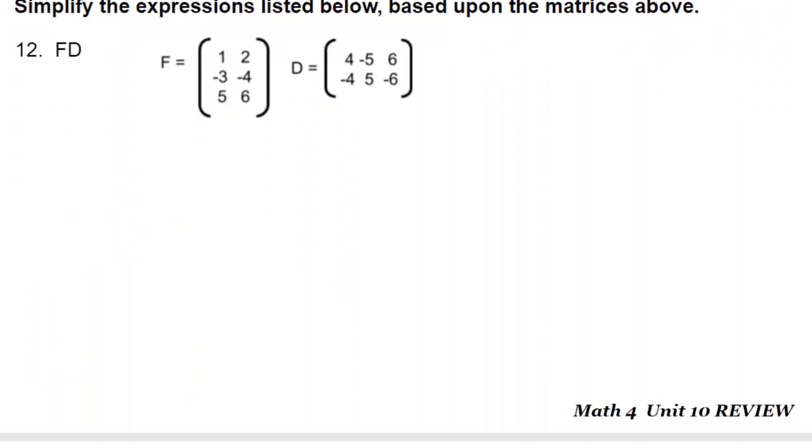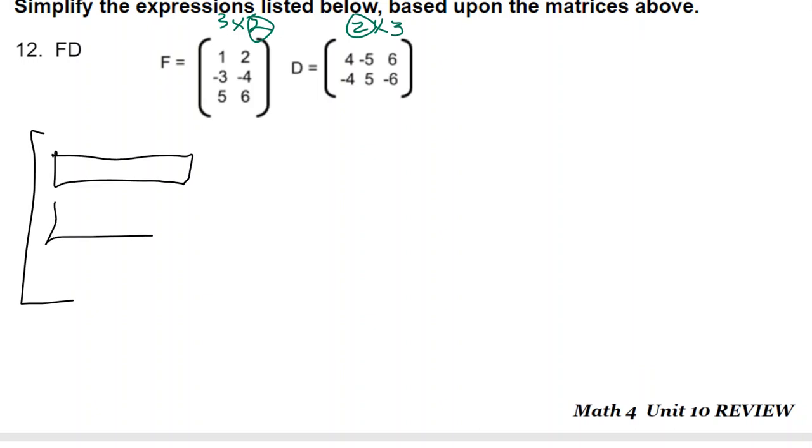All right, this guy is a 3 by 2 times a 2 by 3, which means that our answer is going to be a 3 by 3. So we need to go ahead and set up for the 3 by 3.